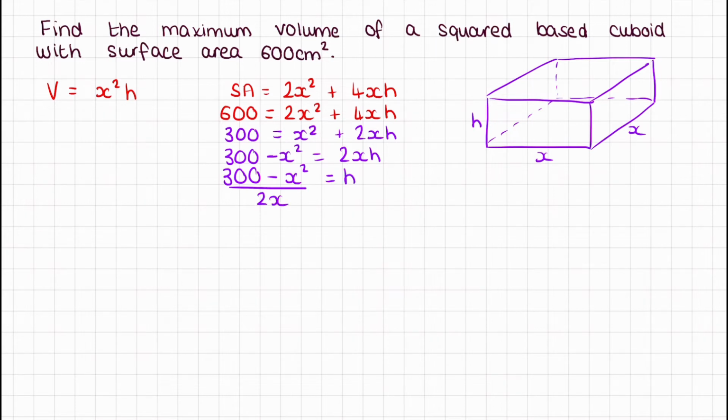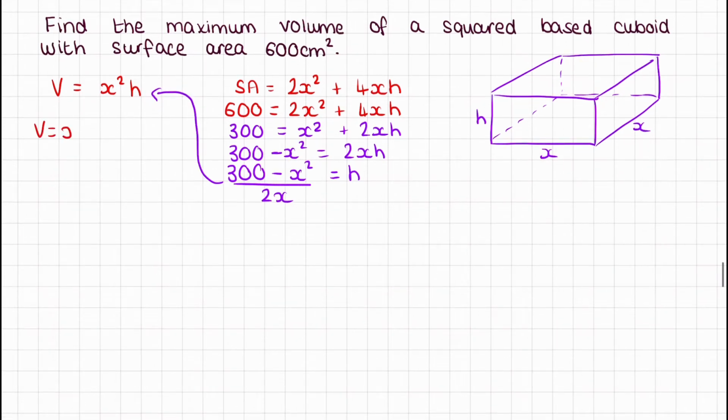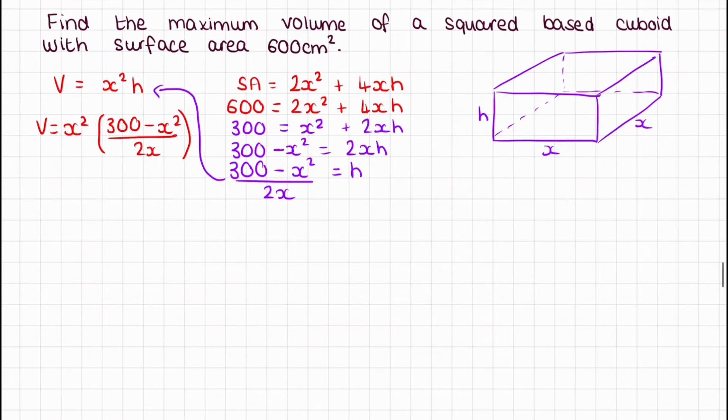Now we've got that, we can sub that h value into our volume formula. Our volume formula would then be x squared multiplied by what we have for h, which is 300 minus x squared over 2x. From there we can simplify all that down.